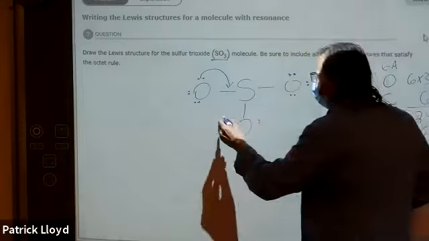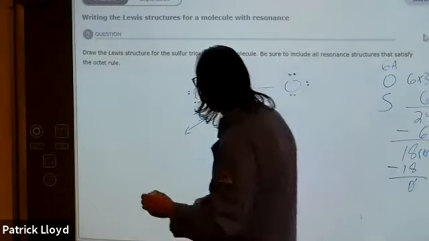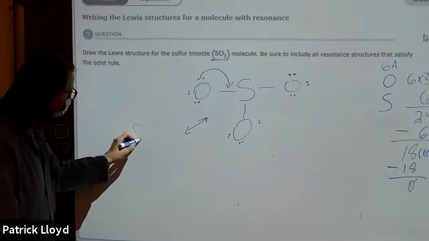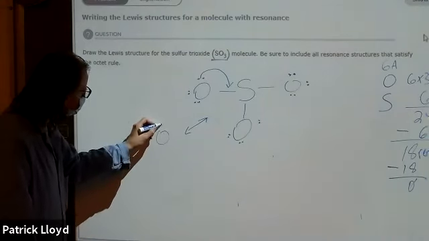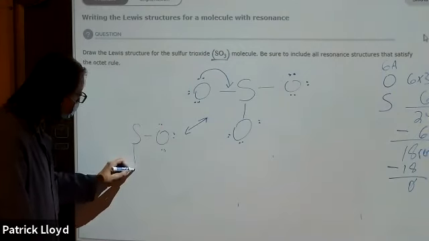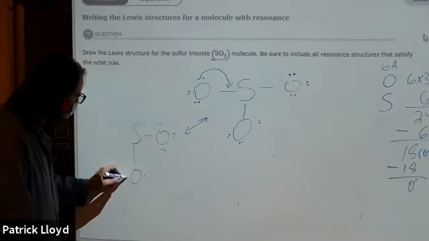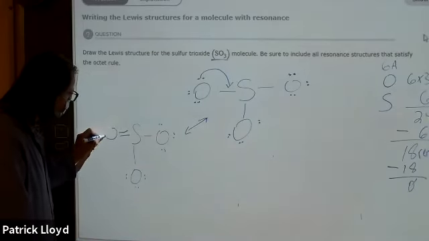Now, if we do that, we now have a double bond to the oxygen on the left, but we have a single bond to the oxygen on the right, and a single to the one below. This is called a double bond.